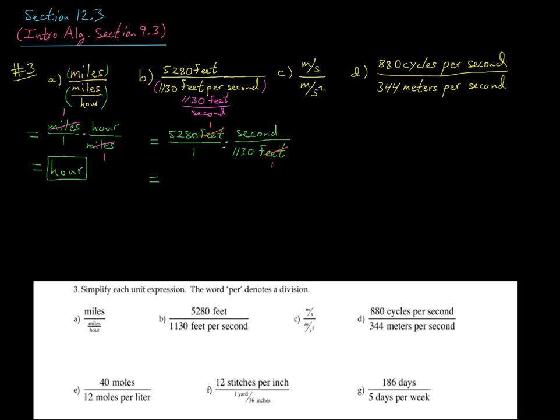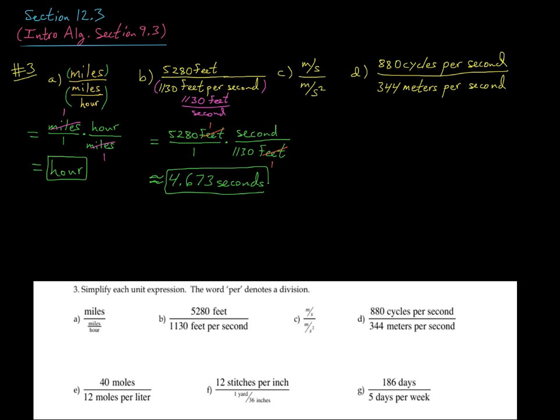And for 5280 divided by 1130, this doesn't come out to be a nice clean whole number or fraction. I'll round it to the nearest thousandth. It's about 4.673, and again, the units there would be seconds. So I am rounding here a bit.